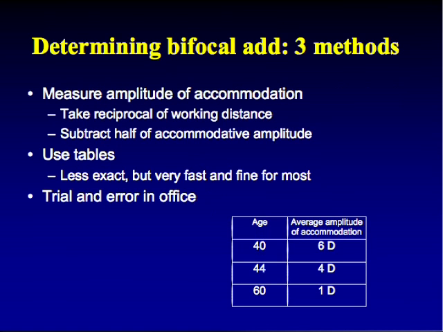No. You can use a table, or just do trial and error in the office, or use your clinical experience to estimate and put something up there, because not every patient needs that kind of rigorous evaluation. But every now and then you'll have a patient who has asymmetric accommodation, who's prematurely presbyopic, or who has some other refractive issue or consideration where you need to know how to do this and assess it in order to help them.